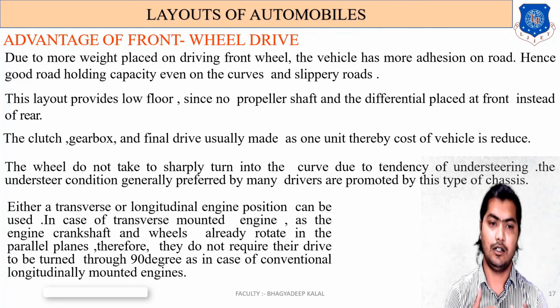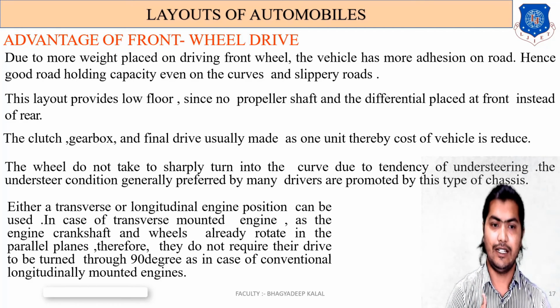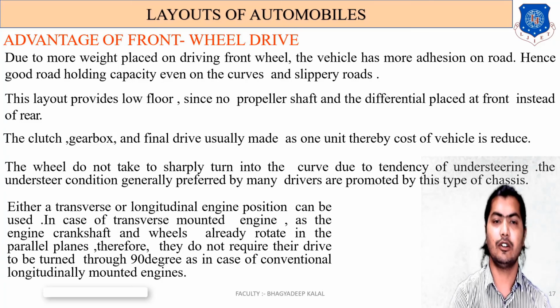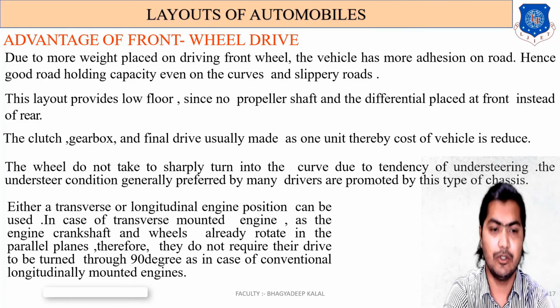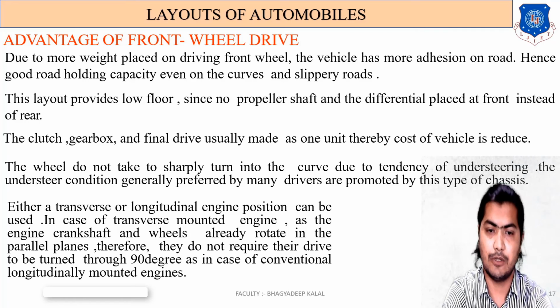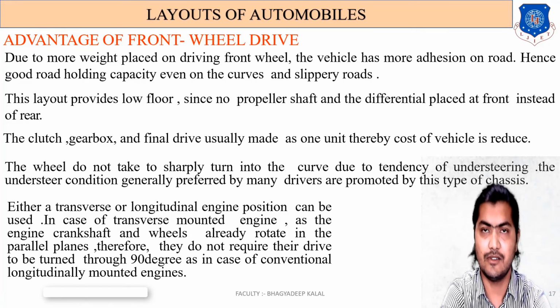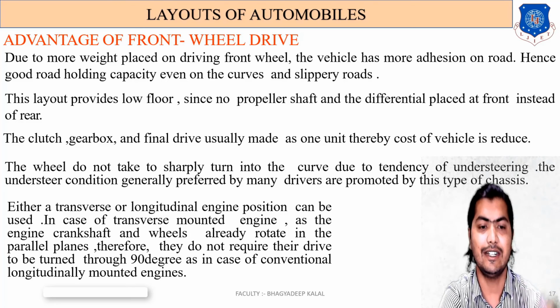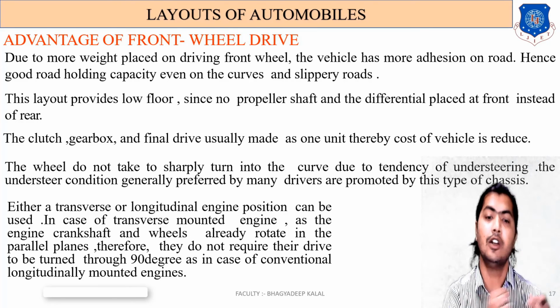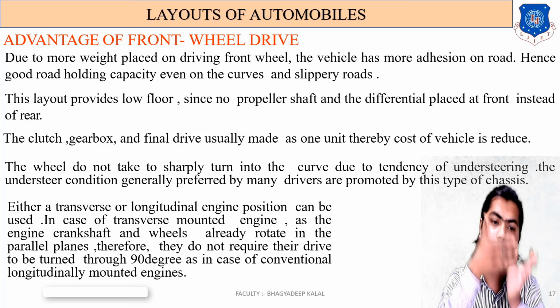Next advantage of front wheel drive: either transverse or longitudinal engine position can be used, according to the position of the engine with respect to the wheel. In case of a transverse mounted engine, what happens? The engine crankshaft and wheel rotation already rotate in a parallel plane.